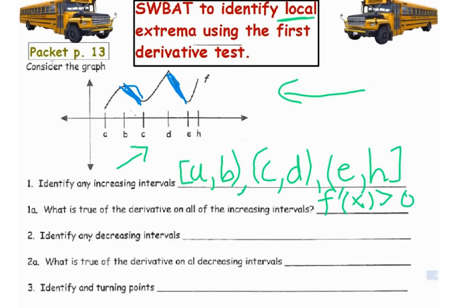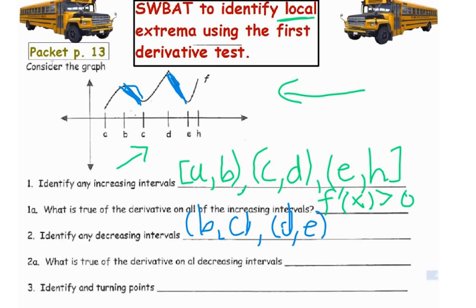The first decreasing interval begins at B on an open interval and decreases until we get to an x value of c. And then the original function decreases again, beginning at an open interval of D, and decreases until we get to E on the open interval.